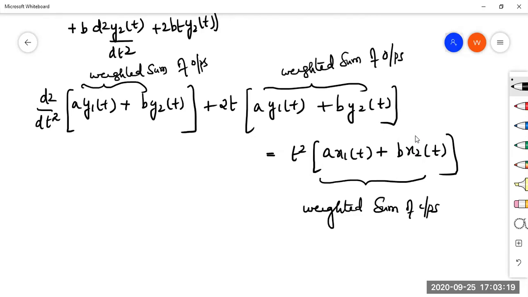So if you're getting like this, you can say the system is linear. Therefore, the system is linear.